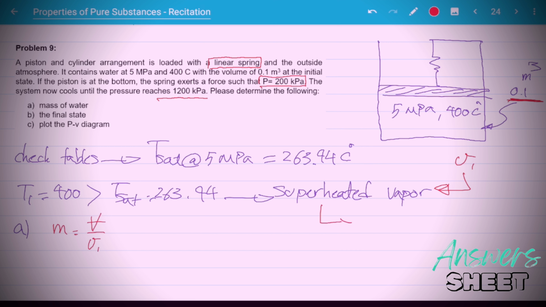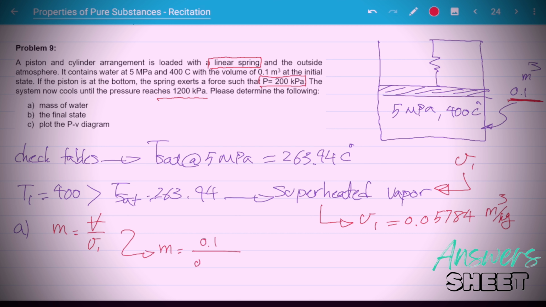So let's do that. If I go and check the tables for the superheated vapor at 5 megapascals and 400 degrees, I would see that the specific volume is 0.05784 meters cubed per kilogram.